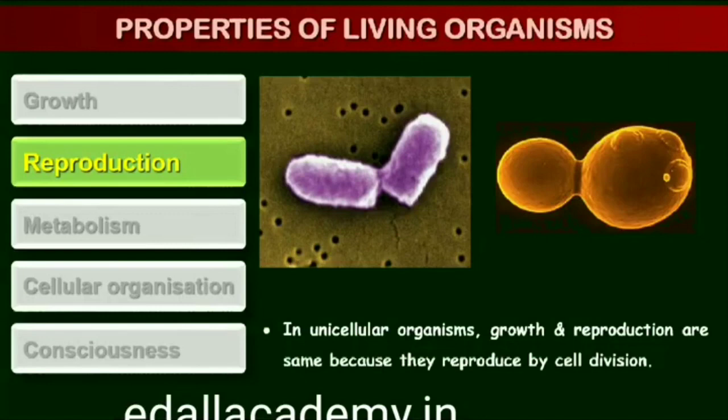When it comes to unicellular organisms like bacteria, unicellular algae or amoeba, reproduction is synonymous with growth, that is, increase in number of cells. We have already defined growth as equivalent to increase in cell number or mass. Hence, we notice that in single-celled organisms, we are not very clear about the usage of these two terms, growth and reproduction.